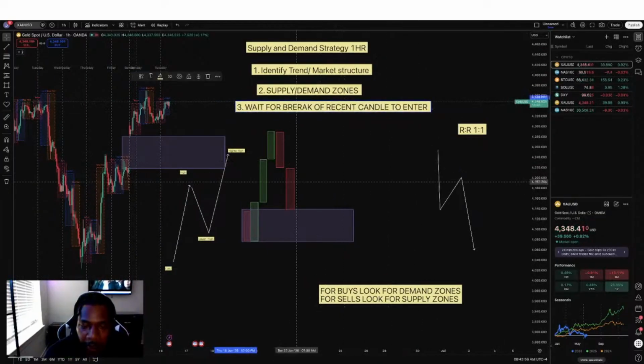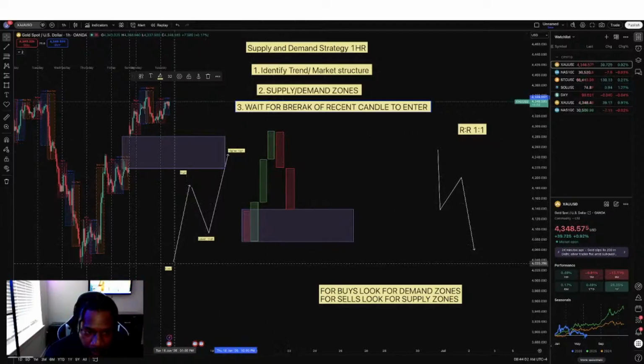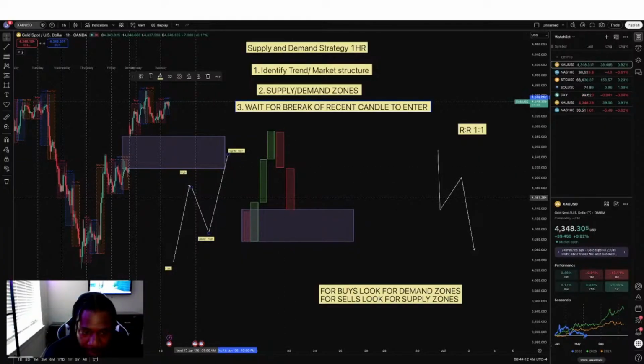So as you can see, all right, cool. We left this bearish candle, then the market pushed up. Now, as you can see right here, boom, pushed up. Same example, pushed up. So now what happened? The market needs to breathe and come back. So as you can see, the market's coming back to make the lower high. But where is it coming into? It's coming into the demand zone.